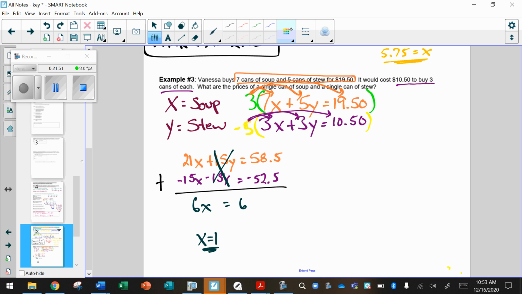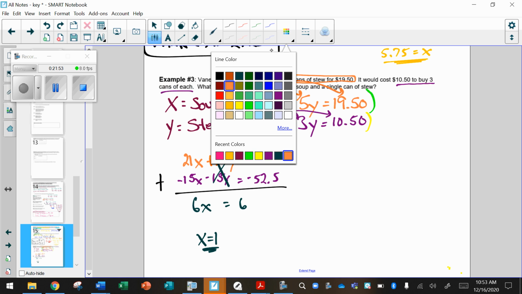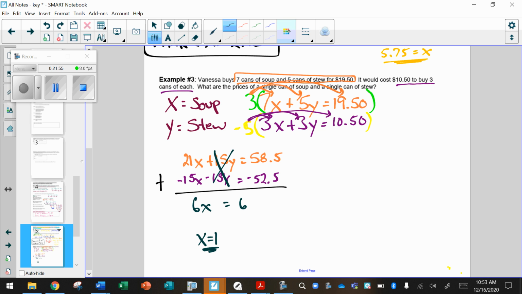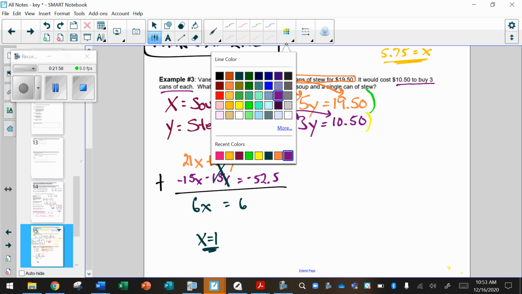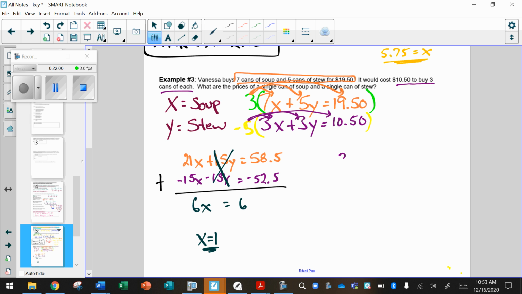Now that I know x is 1, pick an equation to use to solve for y. I think I'm going to use the one that says 3 of each is $10.50. So 3 times 3x, 3 times x turns into 3 times 1, because we already solved and found that x is equal to 1. So that's what I'm going to substitute.